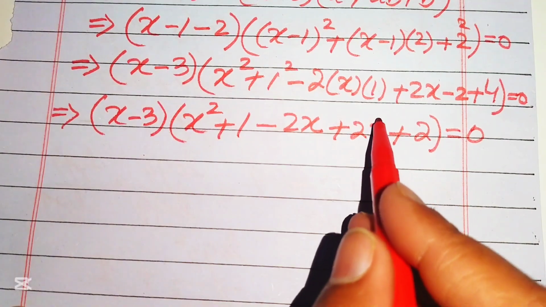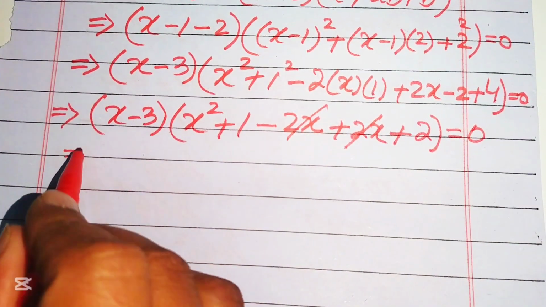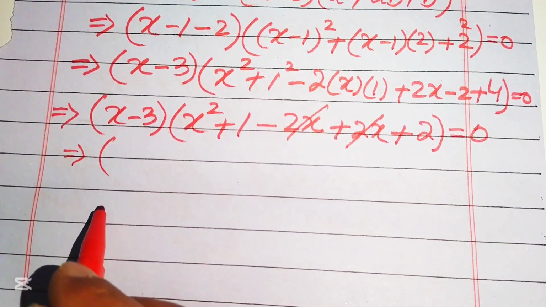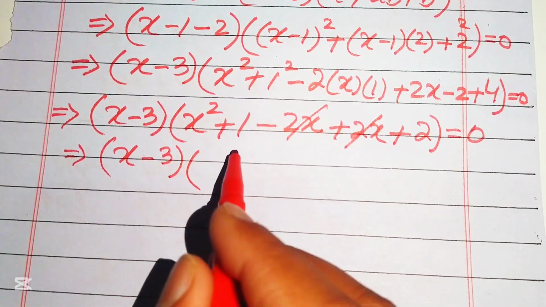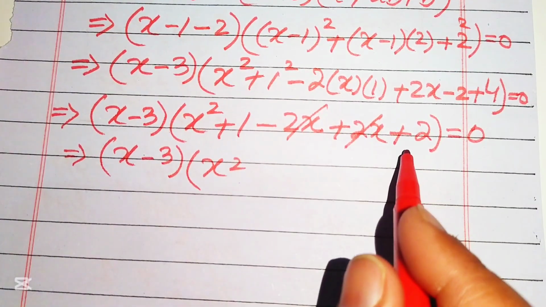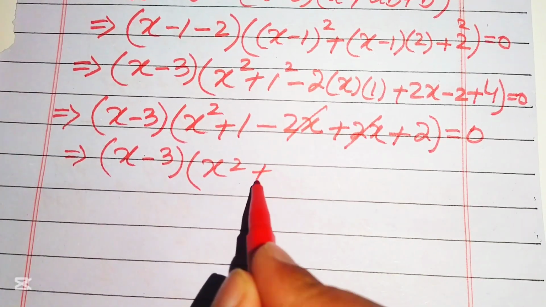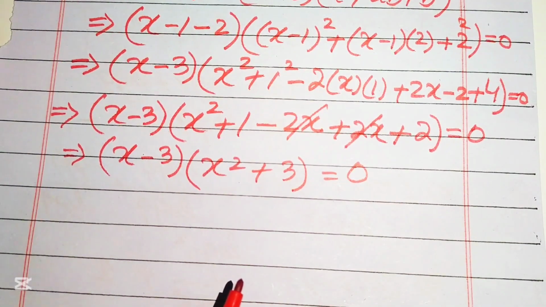After this step you see that plus 2x and minus 2x cancel each other, and we get the remaining terms in this form: (x minus 3) times (x square, and this 1 plus 2 equals plus 3), and this whole equals 0.